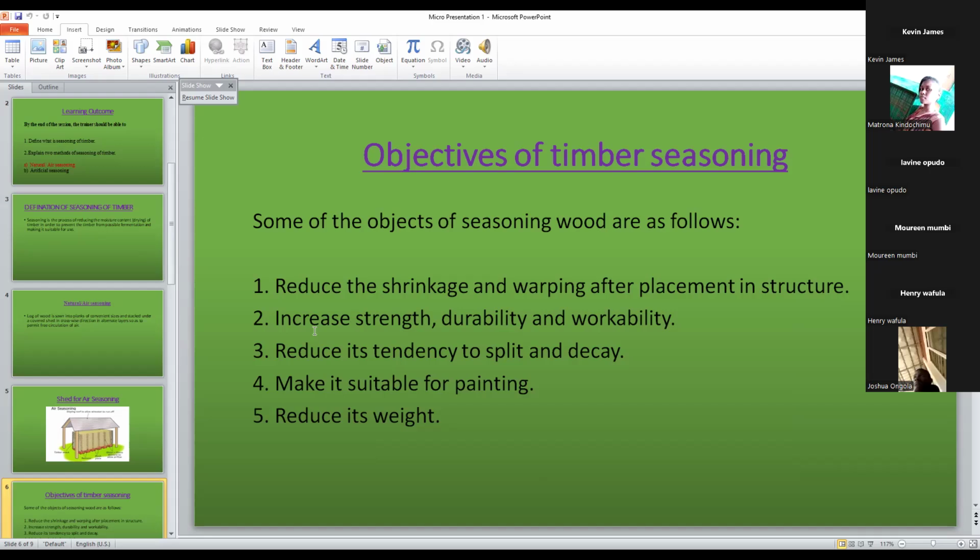So to ensure that there's no deformation in timber roofing, you have to season the wood well. Then number two, increase strength, durability, and workability. Treated wood is often stronger and more durable, making it more resistant to mechanical stress and environmental factors. It also makes the wood easier to work with and less prone to breakage. Are we together?